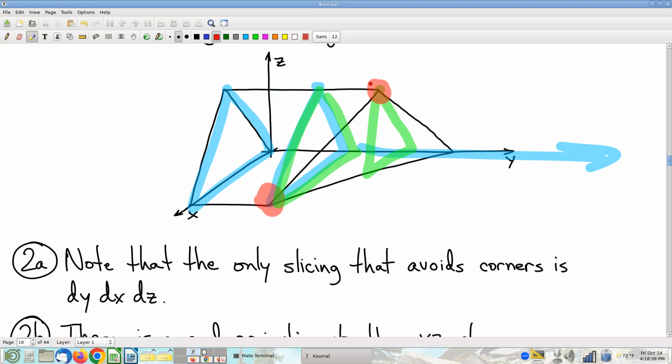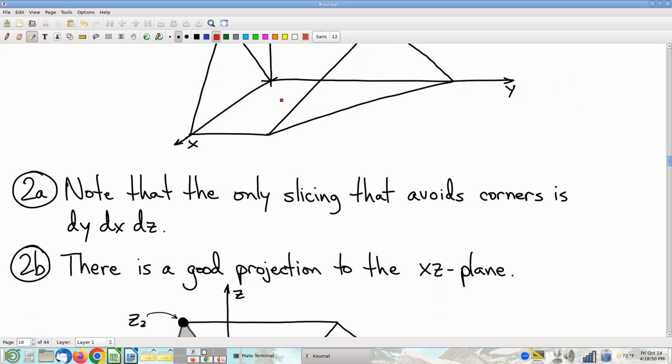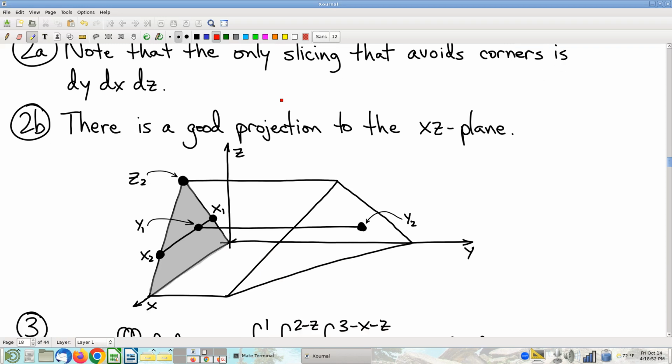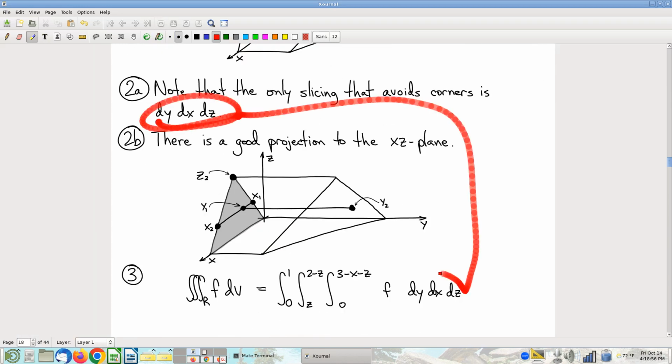Likewise, I claim putting dx on the outside, catastrophe. And again, of your 6 options, there's only one that works. The only one that works is the one that we used over here from the projection point of view anyway. So again, good little exercise. Think through the other 5 different options and see why they're all bad. You always hit a corner, basically.